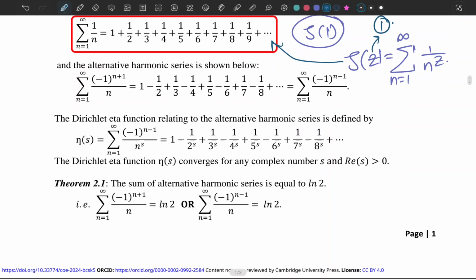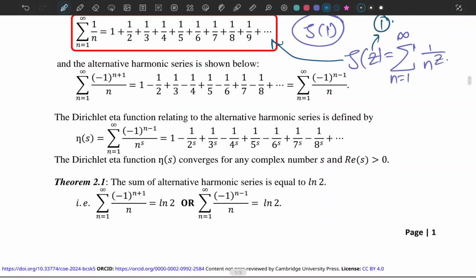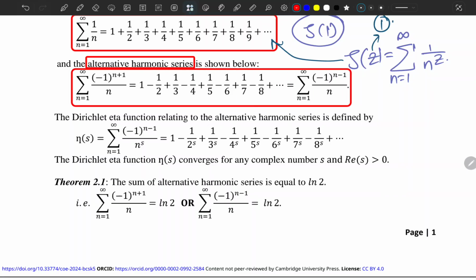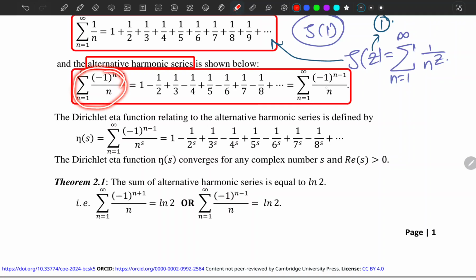Next, if we care about the alternating harmonic series, so this is the alternating harmonic series, and these two are equal. When you expand them separately, you are going to have this one series only.